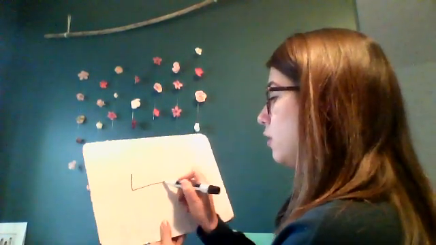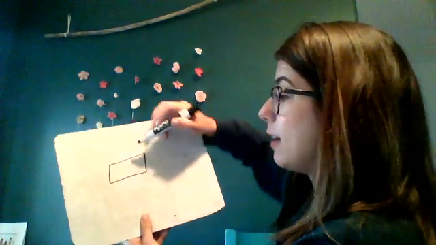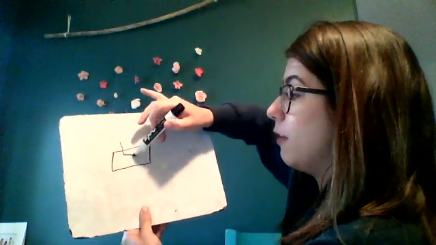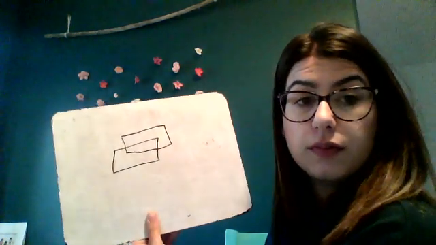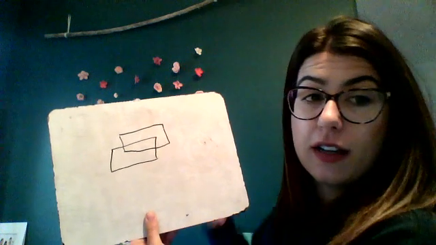So to draw a rectangular prism, 3D, same as a square, you're going to start with your rectangle. Okay. And then your other one, you're going to draw just a little bit above it and it goes through it. And then you start connecting your vertices.